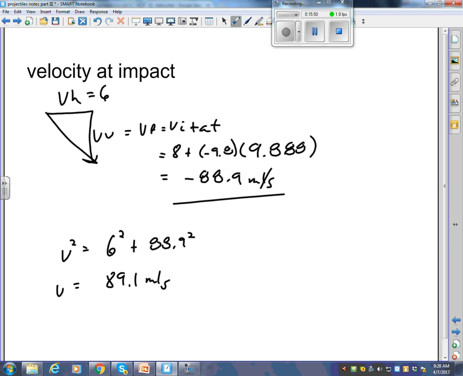And of course, theta. 88.9 over 6, opposite over adjacent. 86.1 degrees.